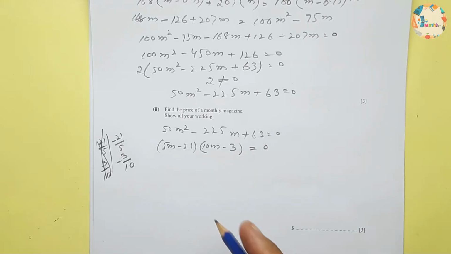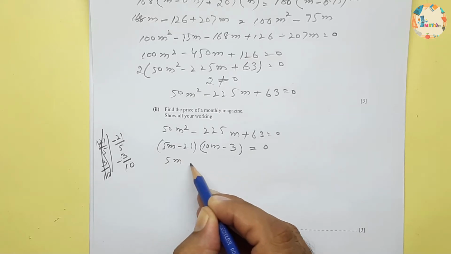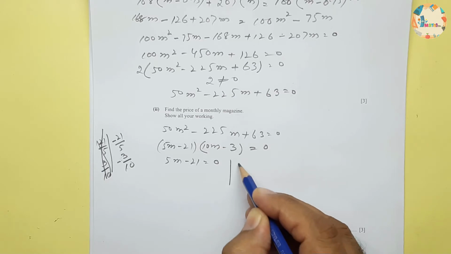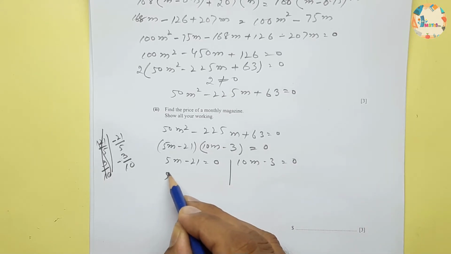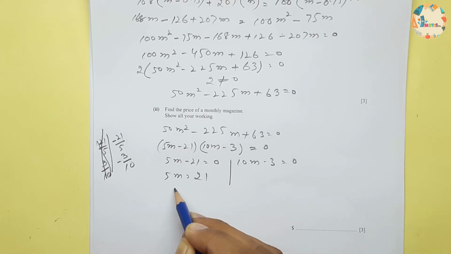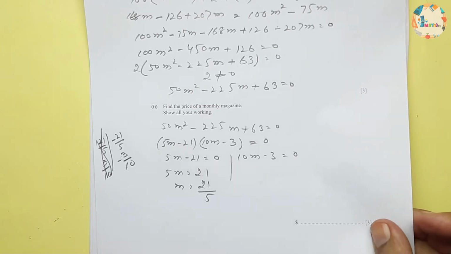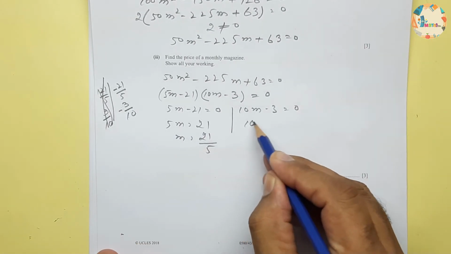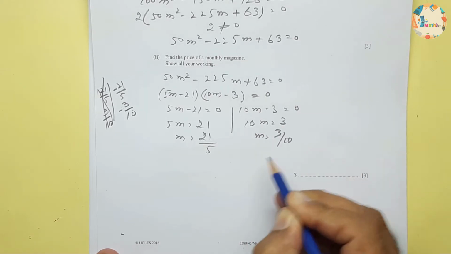And now we can write 5m minus 21 is equal to 0, or 10m minus 3 is equal to 0. So 5m is equal to 21, m is equal to 21 over 5, and similarly 10m is equal to 3, so m is equal to 3 by 10.